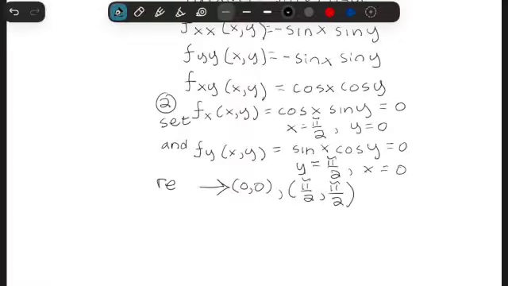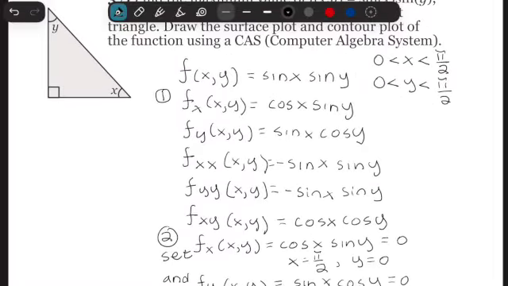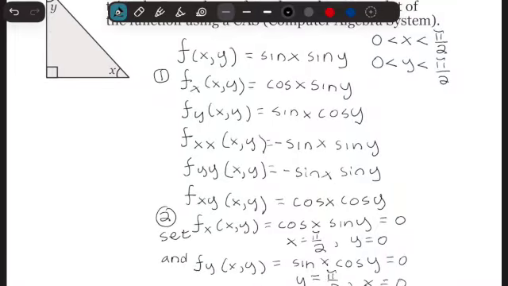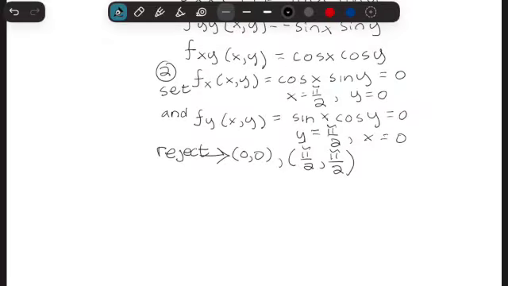So reject. And then pi over 2, well, if we scroll up here and look at our domain, that's actually not in it either, since it's open on pi over 2. So I guess we have to reject that one as well.